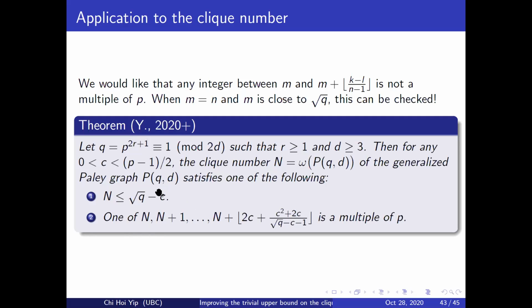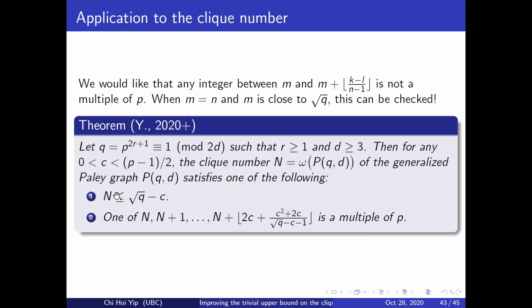That's great because the trivial upper bound is root q, and we are able to improve this by more than 1, because c here is between 0 and (p minus 1) over 2. And the second case comes from this condition. If this condition fails to be satisfied, then that means one of these consecutive integers is a multiple of p.